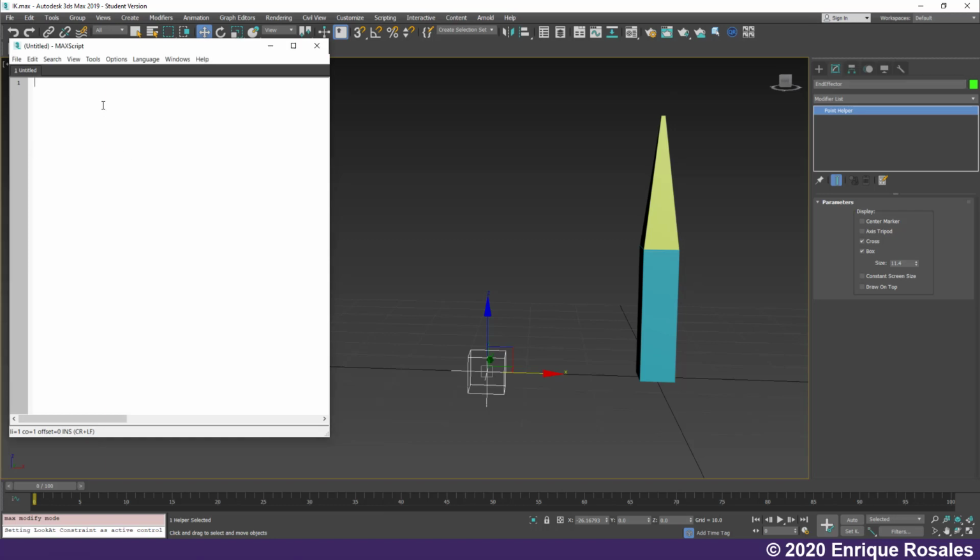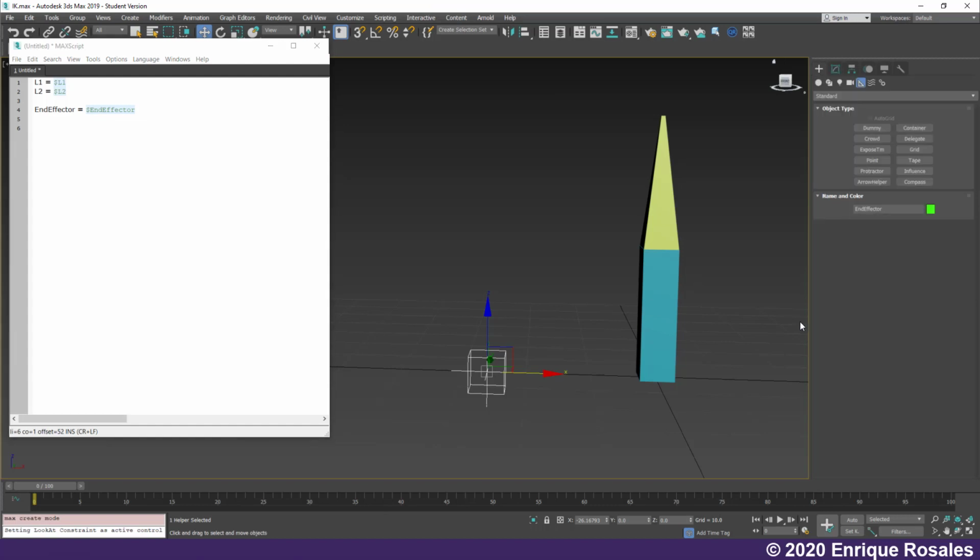Okay, good. So I will create variables at the beginning. I will say that variable L1 is equal to the object L1. Good. So now I have my variables. I need to compute the actual intersection between those circles, so I will create another object that will represent that intersection.